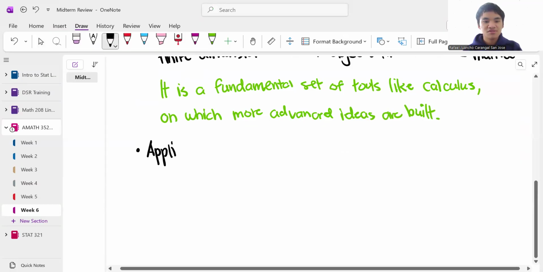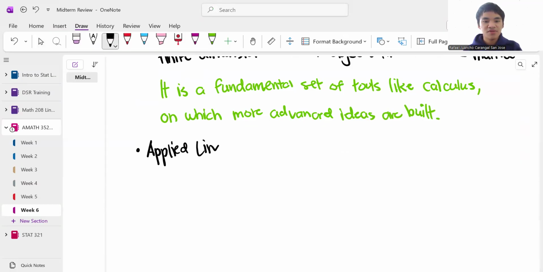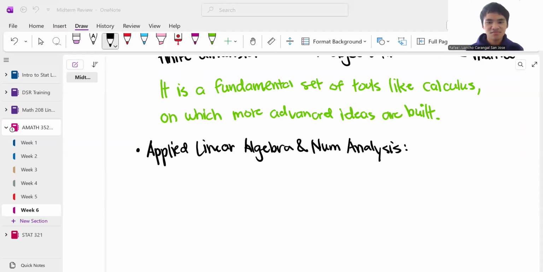In this course, we're talking about applied linear algebra and numerical analysis, which is not so different, but the course is more focused on the adaptation of these ideas.